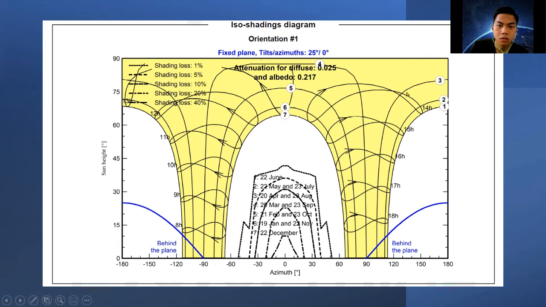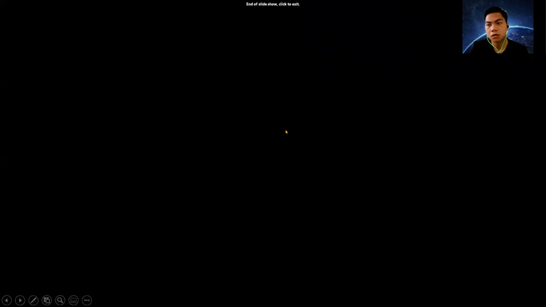So basically, this kind of diagram is in ratio. That's all for the data that I got from the simulation. That's all for me. Thank you.